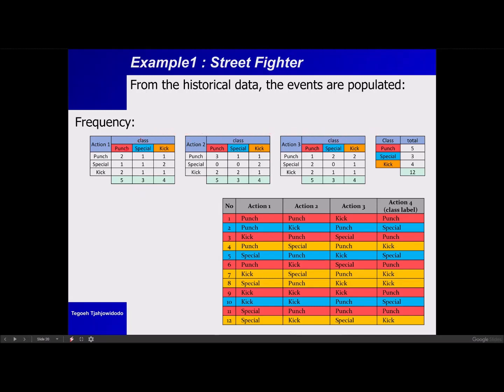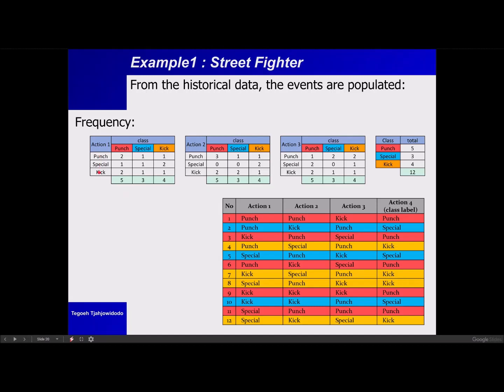So these three columns, or classes, represent the action for the fourth action, the last action that I want to estimate, given action 1 of punch, special, kick.